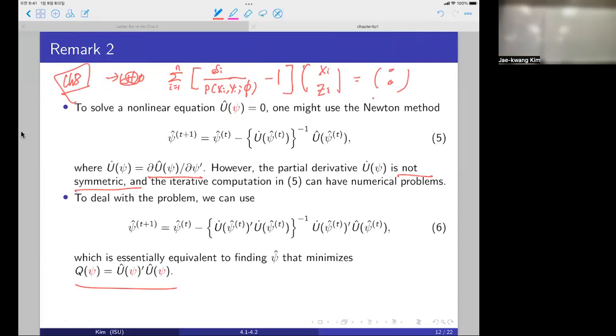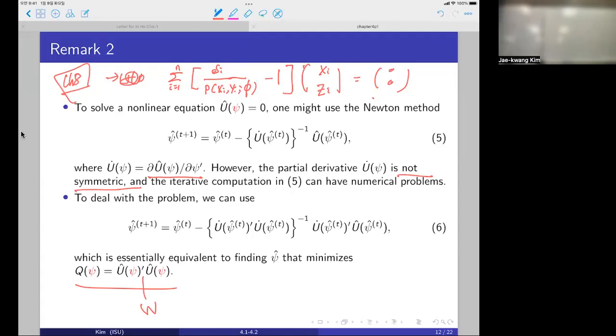Right, so this actually becomes a GMM, right? Thank you. In the GMM, we even have some matrix, the weight matrix, and then you can optimize later. That is the generalized method of moments.